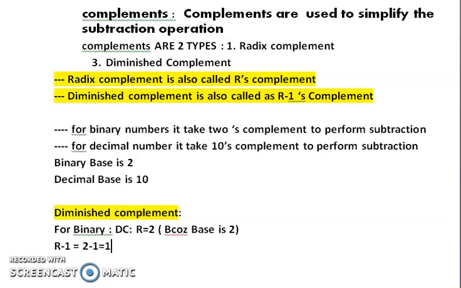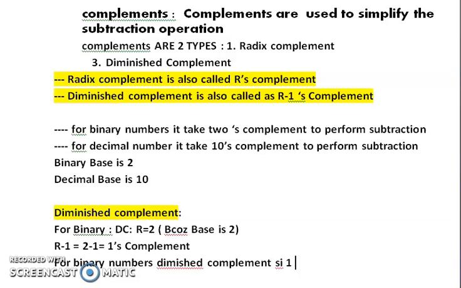So it is called the 1's complement. The diminished complement for binary numbers is the 1's complement.